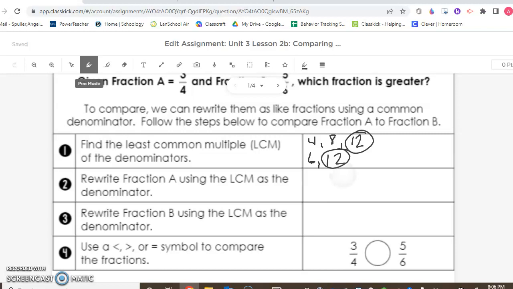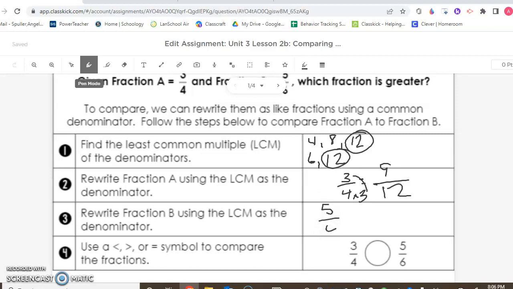So I want to take our first fraction, which is 3/4, and I want to turn it into something that has an equivalent fraction. Remember, equivalent has different denominators, but they're equal. Okay, so to do that, I said 4 times 3. Remember, if I do that here, I come up here and do it here, so I get 9/12. All right, then I'm going to do the same thing to 5/6.